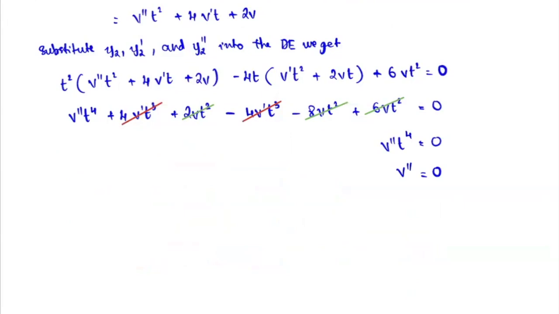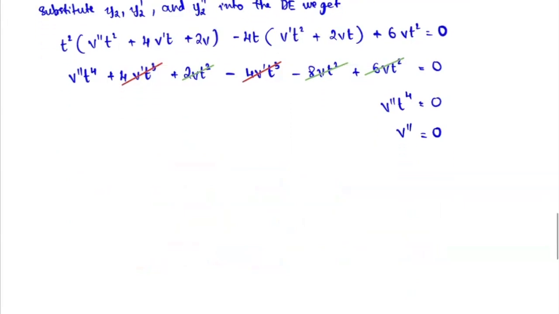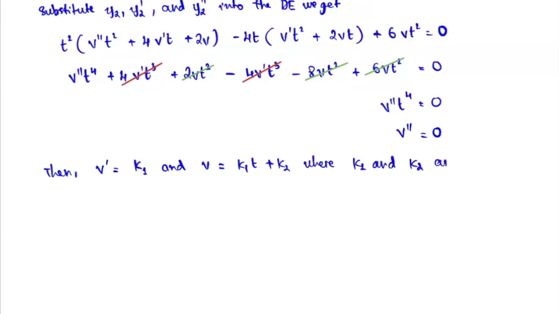When you take the integral of these equations, you have that v prime is equal to k1, and v of t is equal to k1t plus k2, where k1 and k2 are arbitrary constants.